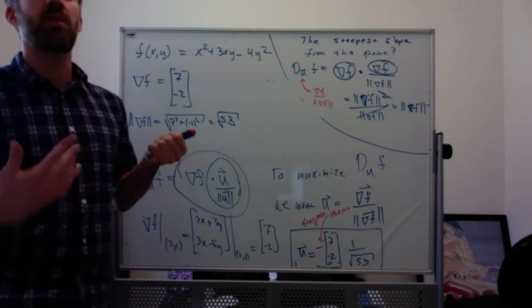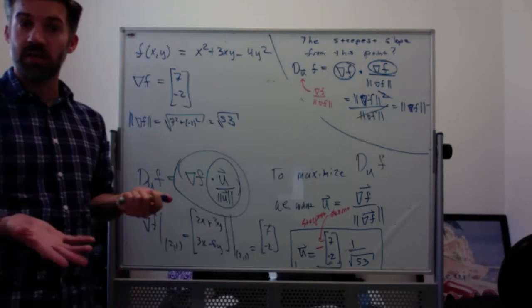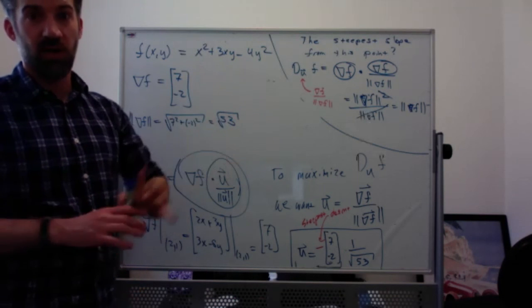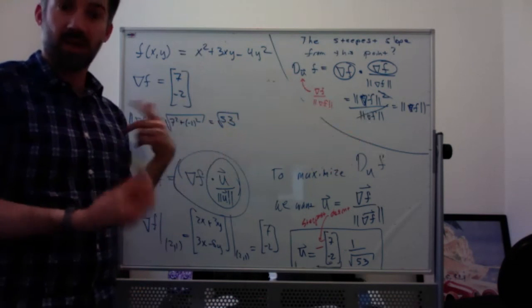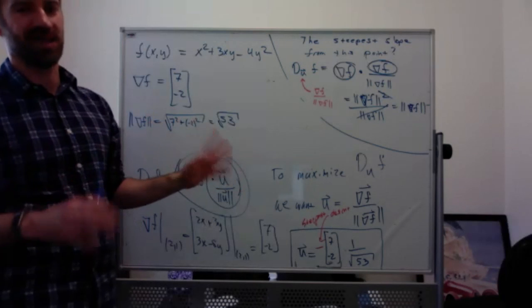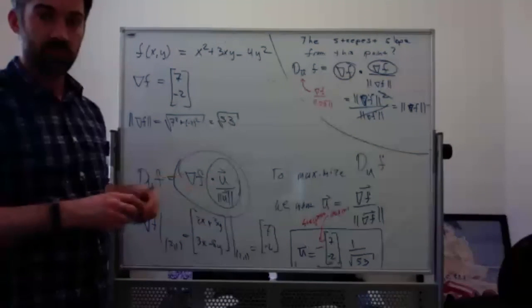But it's going to be very much like in Calc 1, where you found a critical point by taking the derivative of something, setting it equal to 0, finding the critical values, and then testing those to see if they're maxes or mins. Just that the testing process is a little bit different when it's a surface as opposed to just a function.